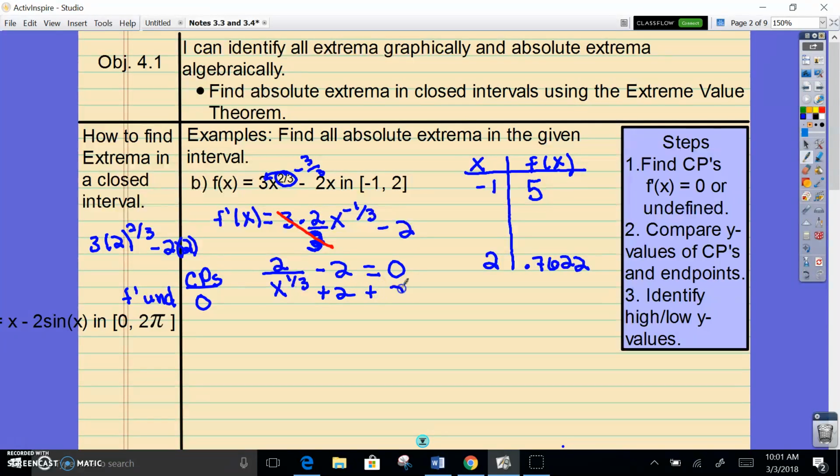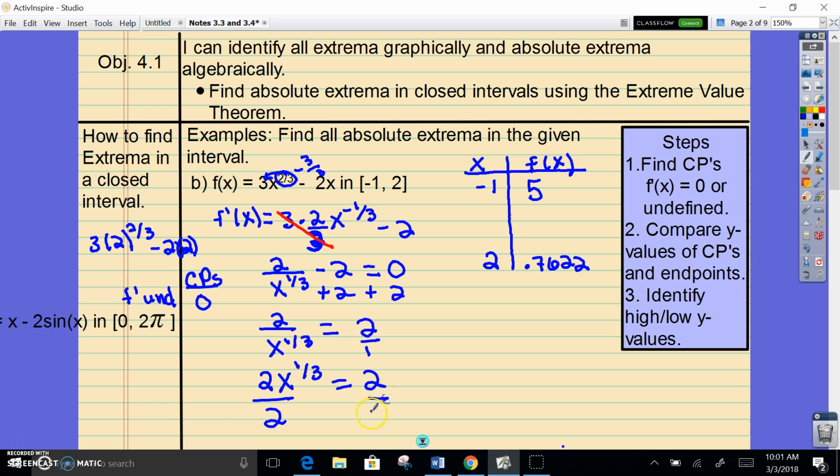I'm going to add 2 to both sides. That gives me 2 over x to the 1/3 equal to 2, or 2 over 1. I can cross multiply at this point and get 2 equals 2x to the 1/3, or you can multiply by the denominator, same thing. So you see where this is going.